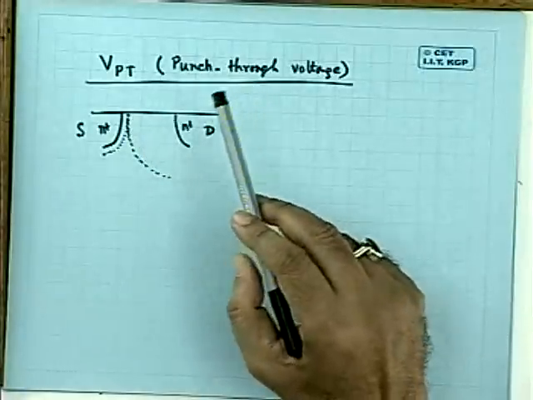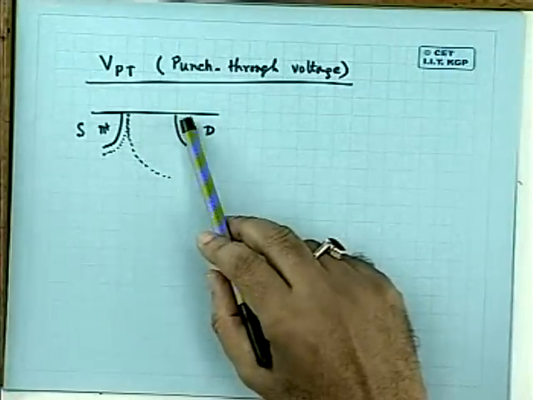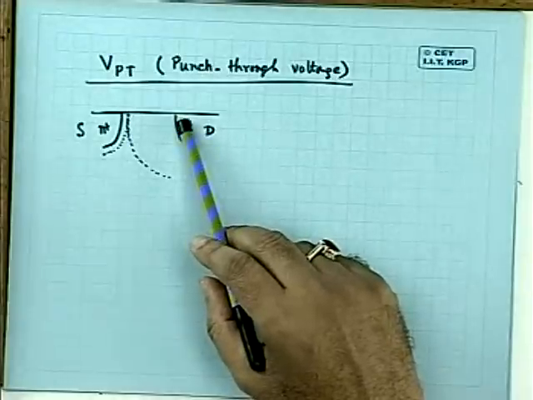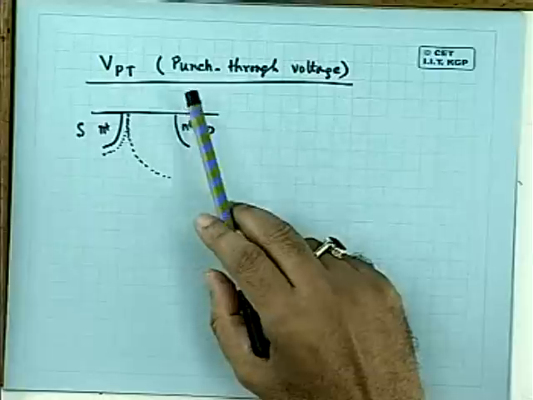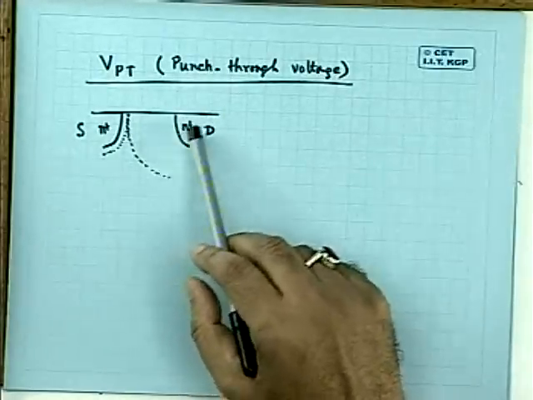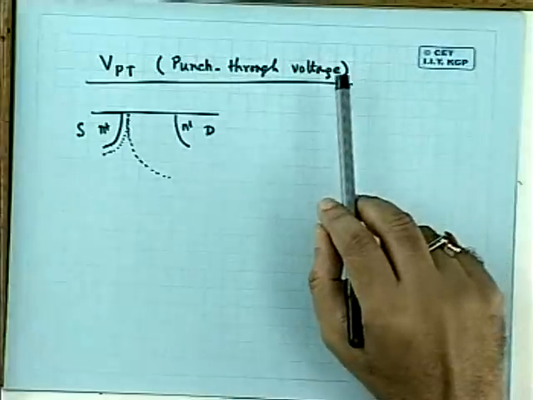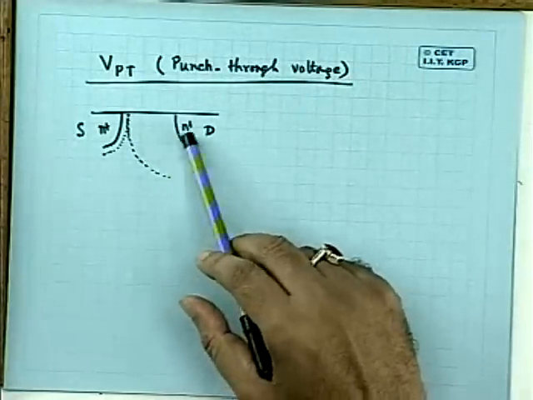How can you raise the value of VPT? One way is using a higher doping. That is normally done. The substrate doping today is usually of the order of 10 to the 17, not 10 to the 15. But that also poses certain problems, because a higher substrate concentration reduces the breakdown voltage.